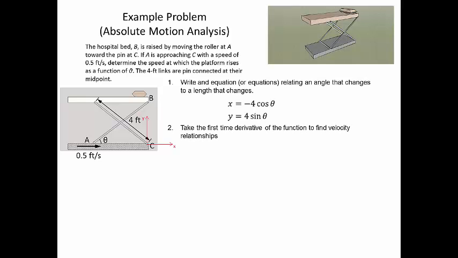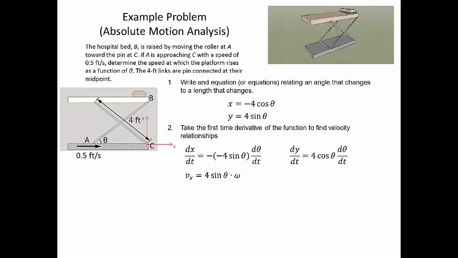Second, we're going to take the first time derivative of the function to find the velocity relationships. The derivative of x with respect to time is equal to minus 4 sine of theta d theta dt, and the derivative of our y function with respect to time is equal to 4 cosine of theta d theta dt.